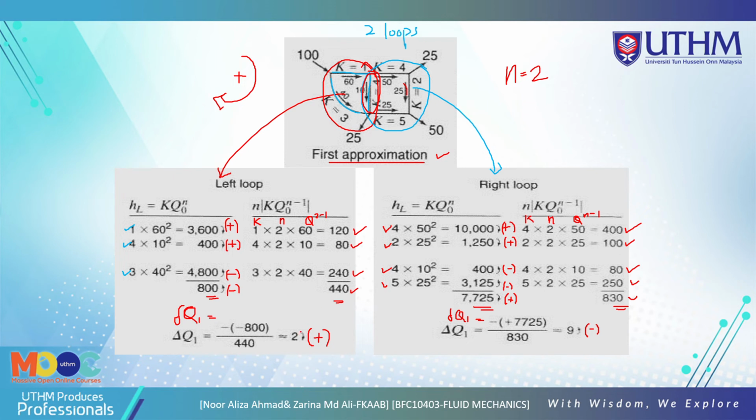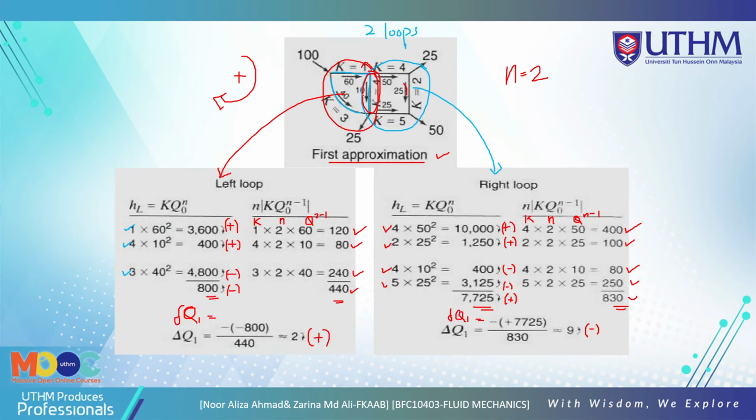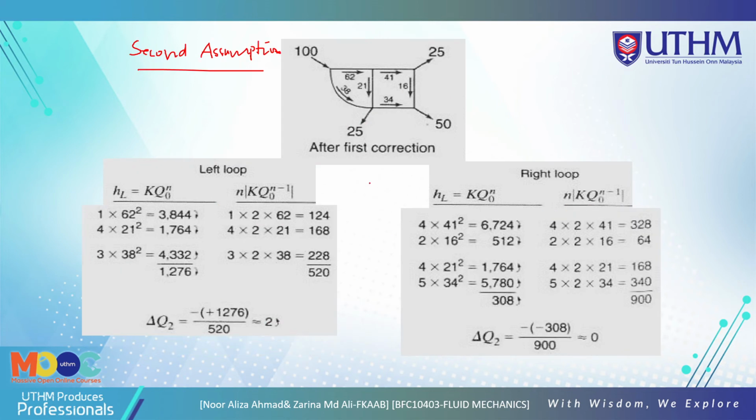Based on the delta, you get 2, and the delta at the right loop is 9, so you must plus 9 and plus 2. 10 plus 9 is 19, plus 2, so you get 21. That is why you get 21 here, because this is the pipe shared by loop 1 and loop 2.